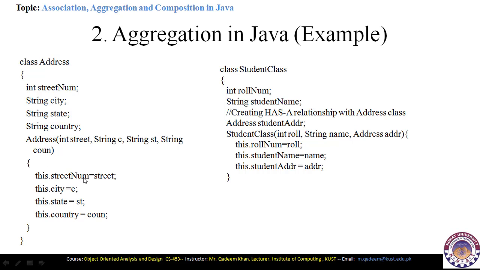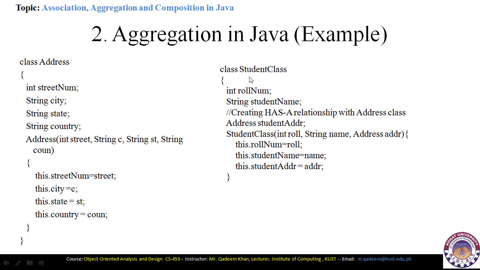And this.street is equal to street, this.city is equal to c, this.state is equal to st, and this.country is equal to count. So that means it creates a parameterized constructor. When we pass this set of information in the object creation, these values will be copied here.